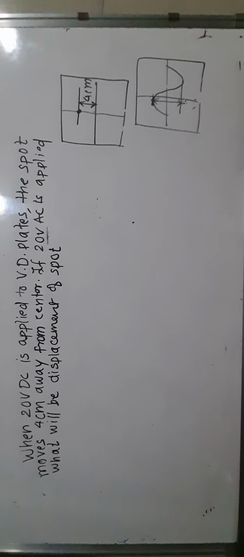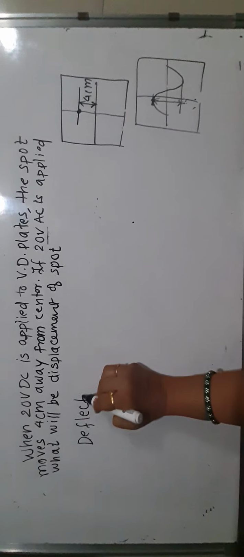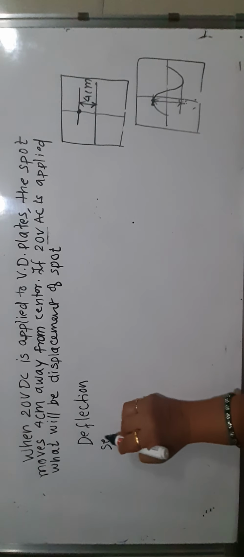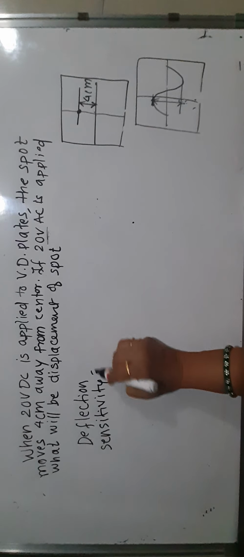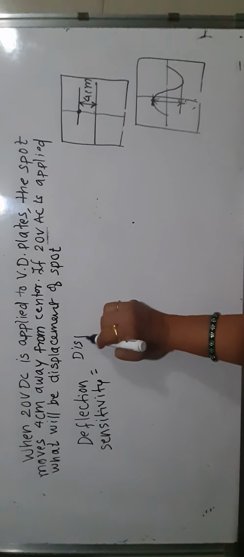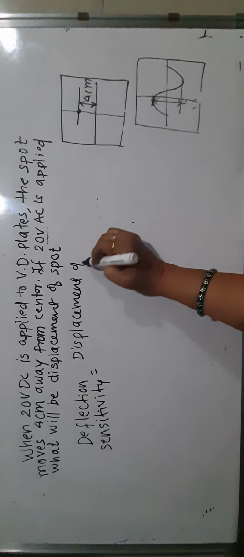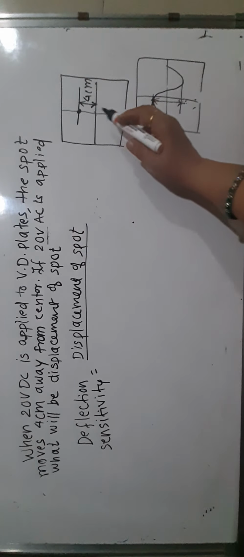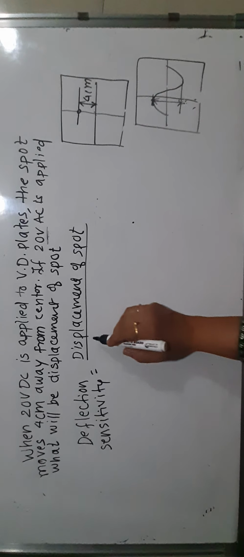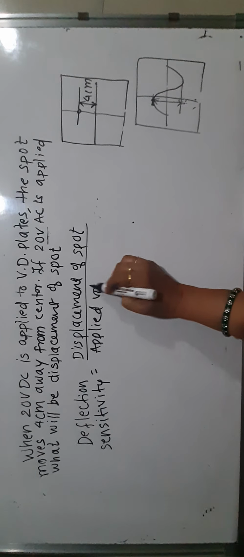So we have to first calculate the deflection sensitivity, which is equal to displacement per unit voltage. Displacement of the spot, meaning the electron beam, upon the applied voltage.